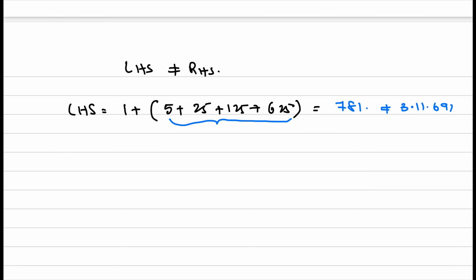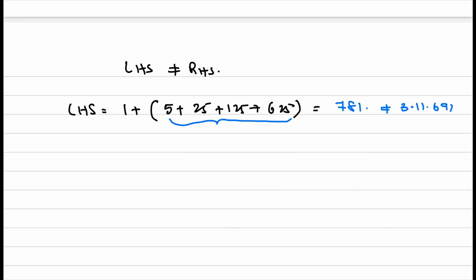Because something has to be equal to 3 into 11 into 691, right hand side should have 3 as the factor, 11 as the factor, 691 as the factor.